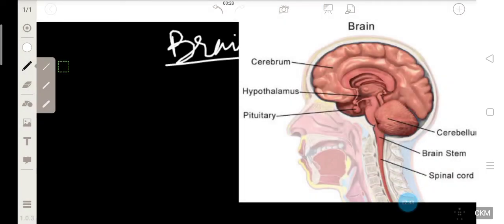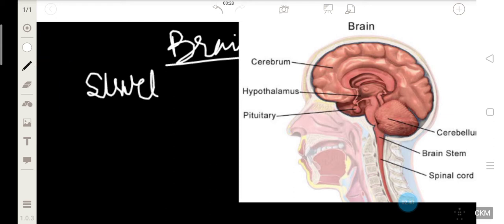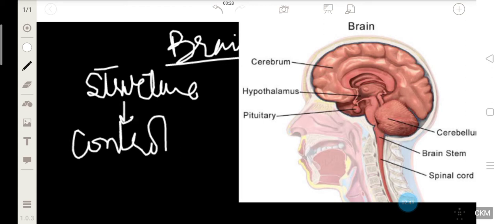The structure of the brain is perfect to control all parts of the body.